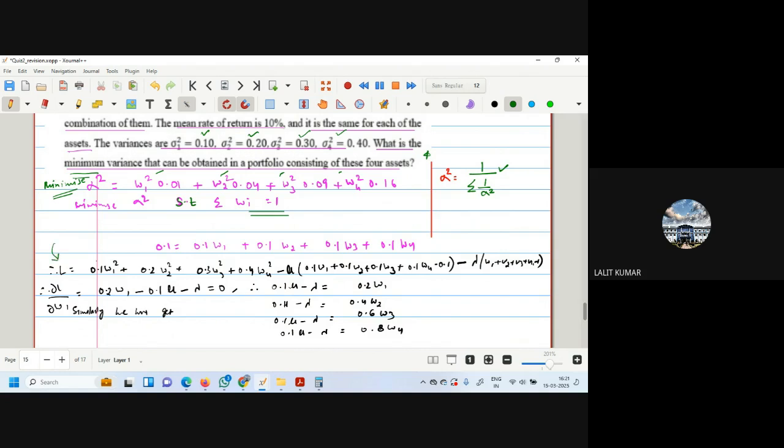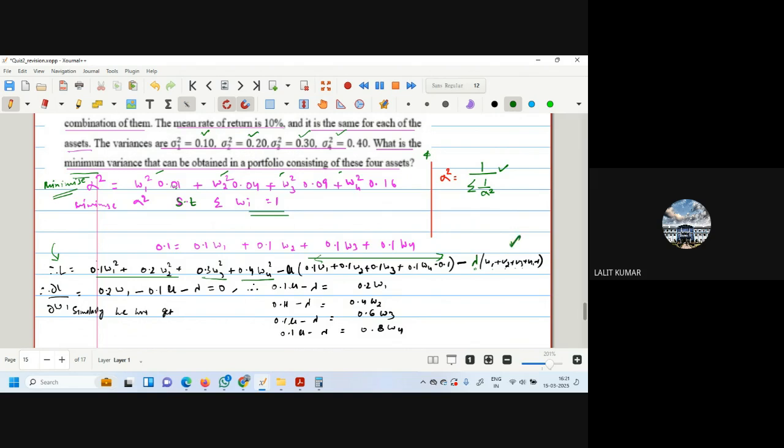It will become 0.1 W1 square plus 0.2 W2 square, 0.3 W3 square, 0.4 W4 square, minus nu into the return, since we also have to maximize the return, minus lambda into (W1 plus W2 plus W3 plus W4 minus 1) equal to 0. So this is the Lagrange.